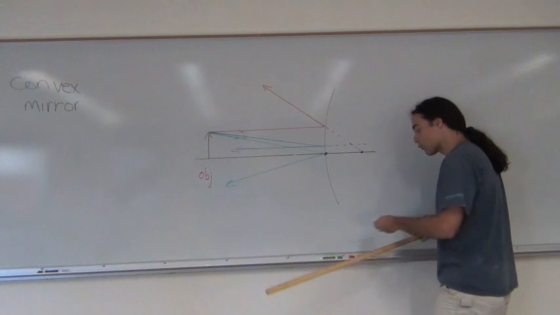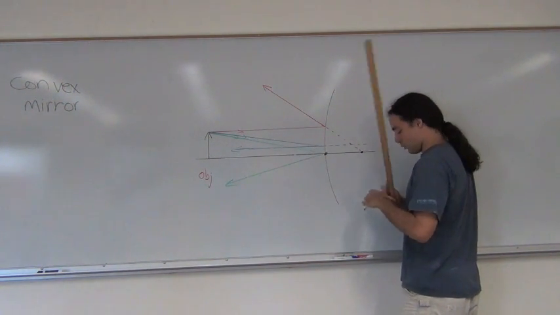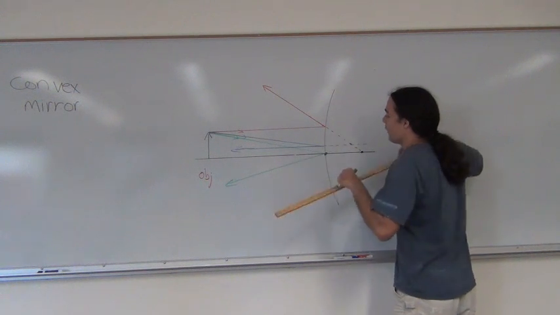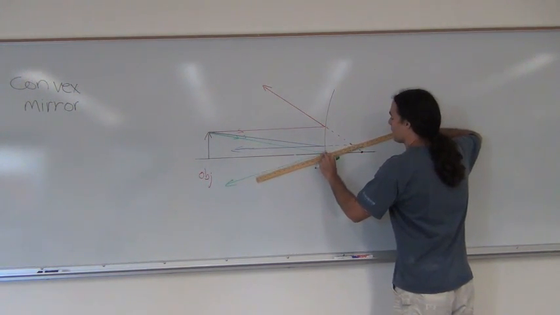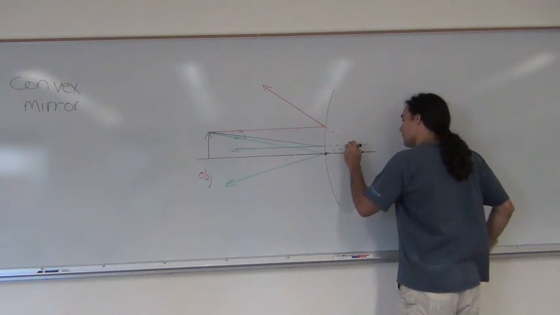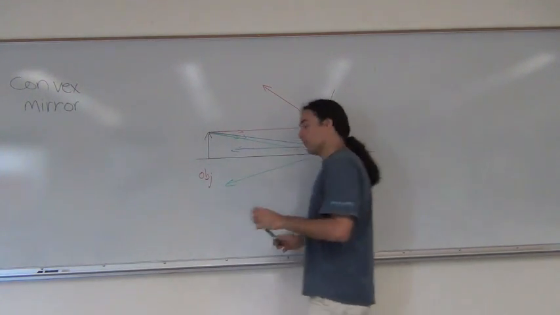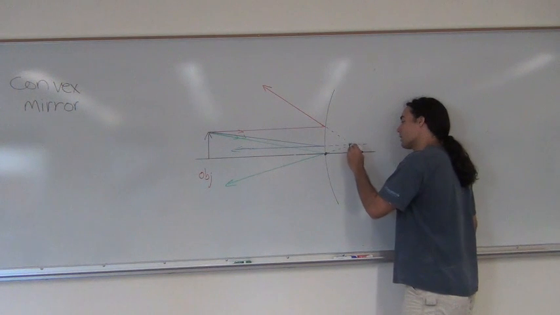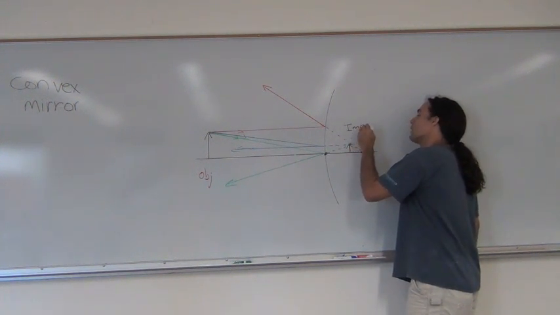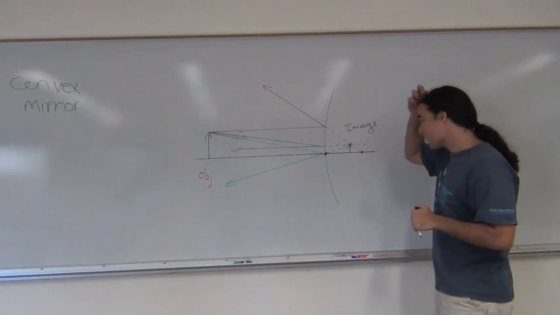And if I trace my green reflected ray back, it too will appear to be coming from the same point. So what does that mean? It means that we get an image at that point. Now, what are the properties of that image?